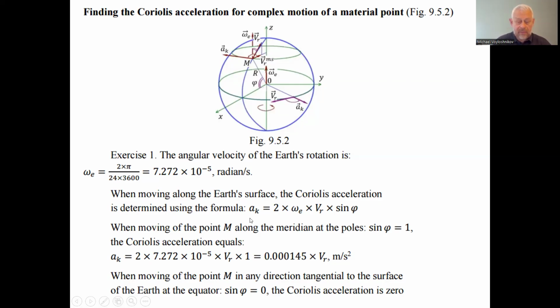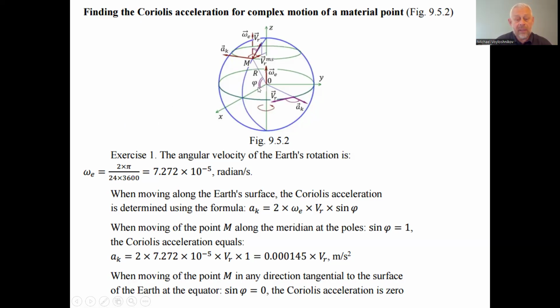Using the formula for finding the Coriolis acceleration, we define the angle between the vectors of the angular velocity and the translational velocity of the point moving over the Earth's surface. The sine of the angle corresponds to the latitude phi.